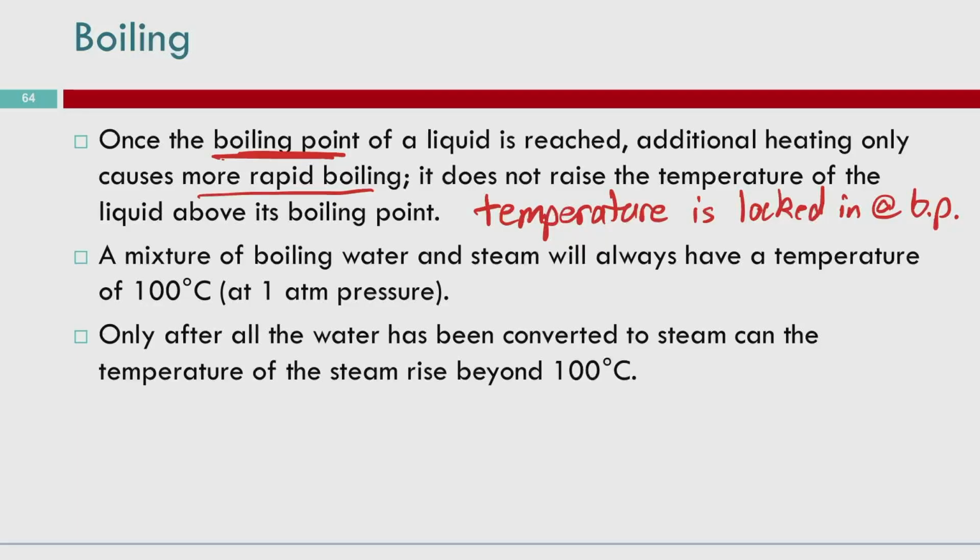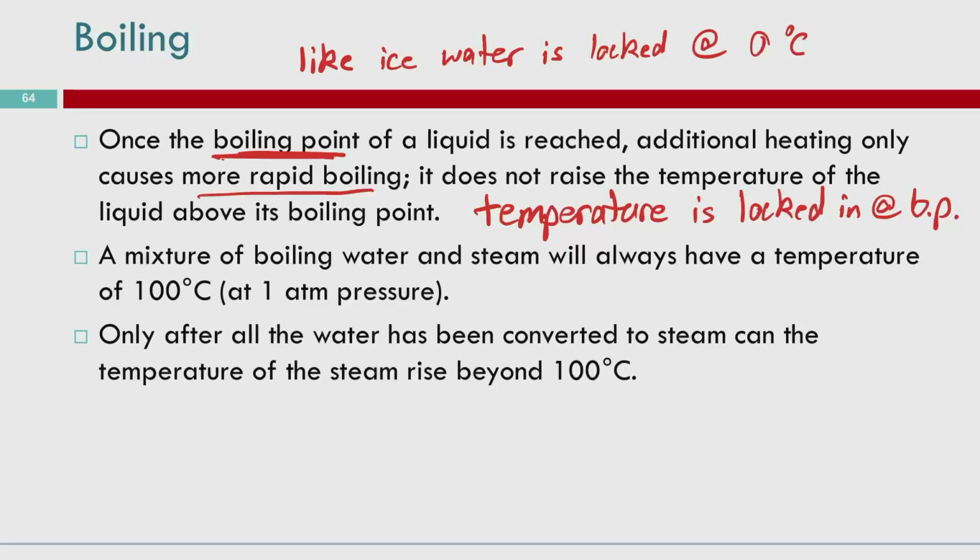But just like when we were at the phase change of ice water, it is locked at 0 degrees Celsius. You may remember from last class. Same thing with boiling.